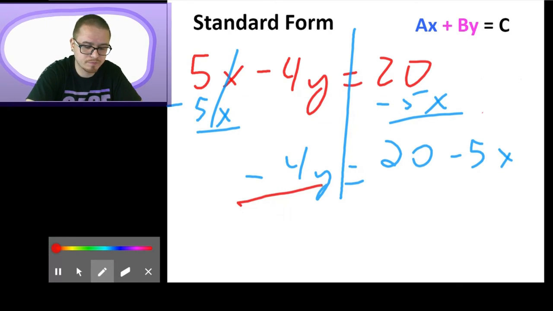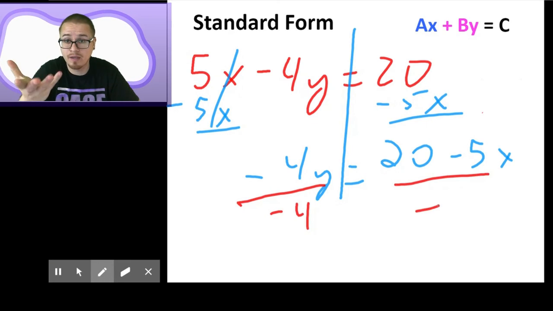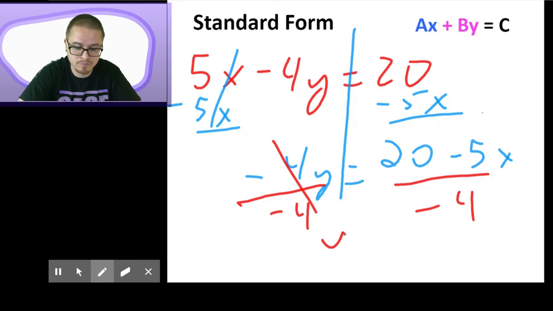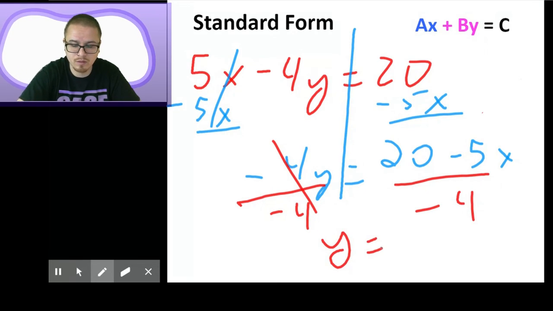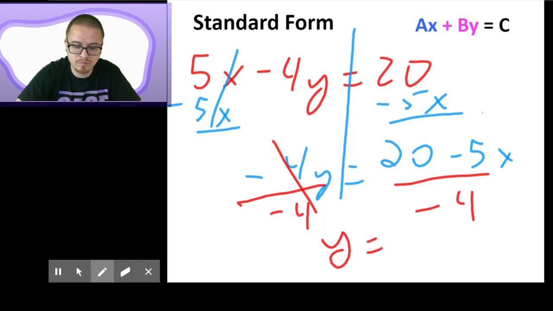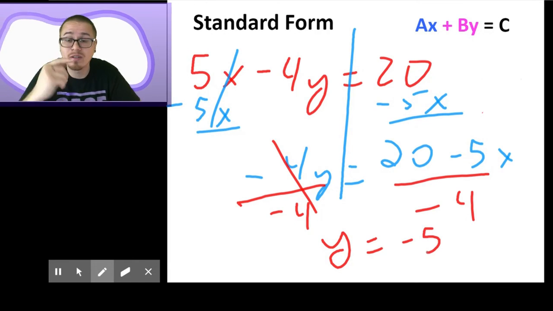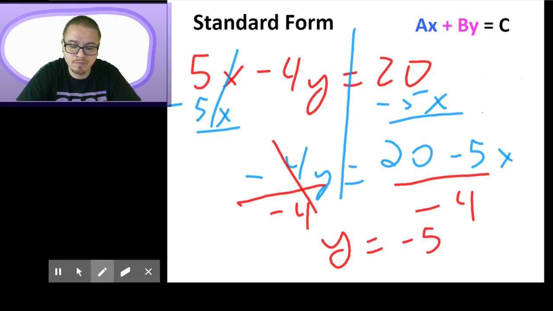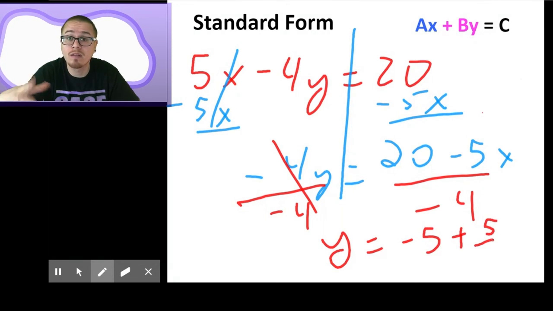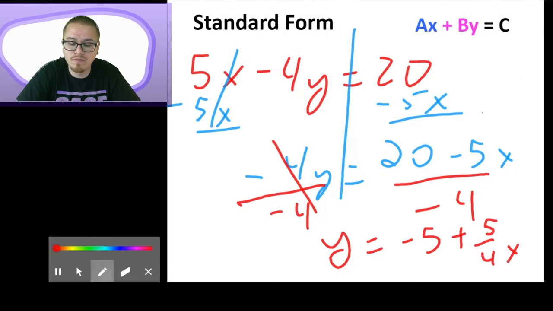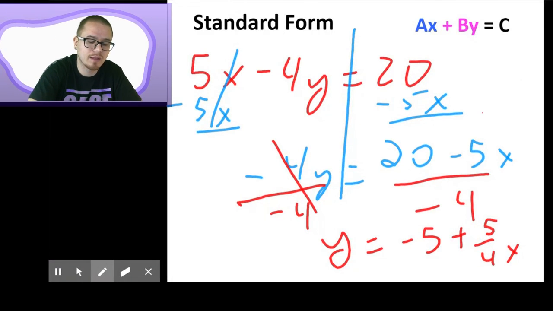And then to get the y by itself, you divide by negative 4. And you get y equals, divide each term on the right hand side by negative 4, so you get negative 5. And then negative 5x divided by negative 4 is a positive 5 over 4x.